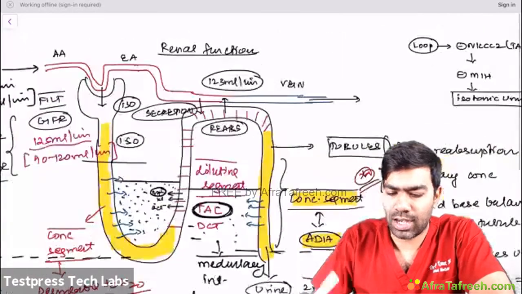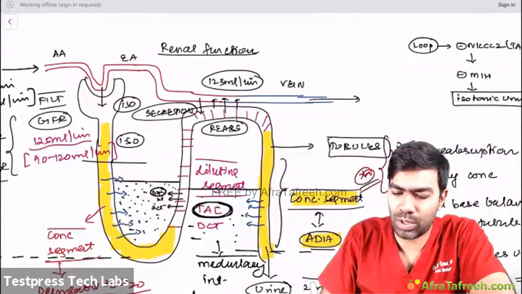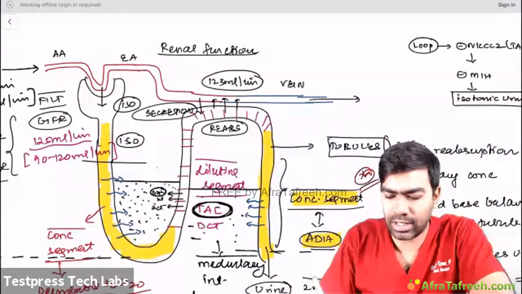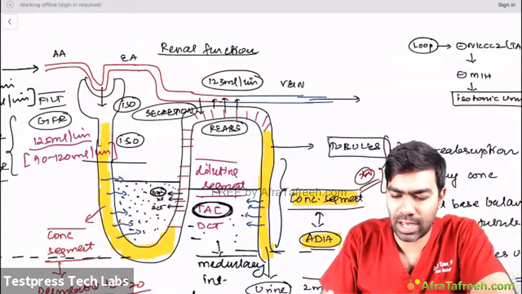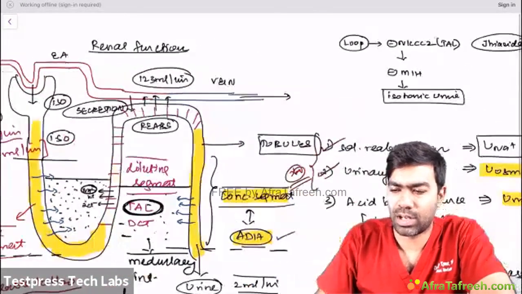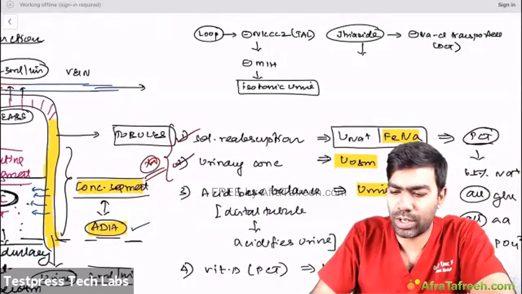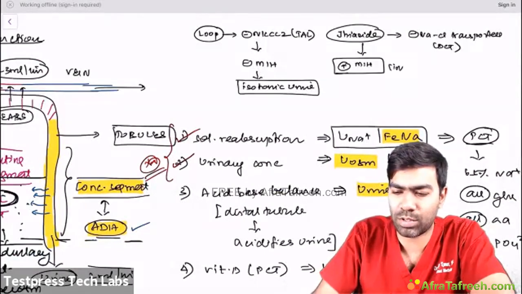So in the DCT, if you absorb sodium and chloride, that has nothing to do with the medullary interstitial hyperosmolality. So thiazide diuretics are not going to inhibit it, which means they will have an intact medullary interstitial hyperosmolality.